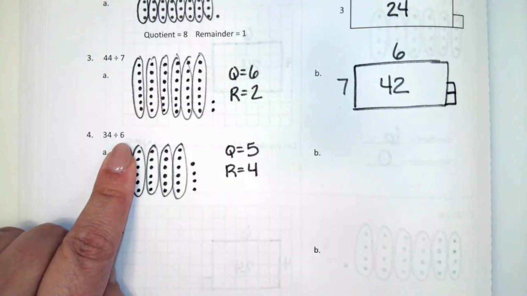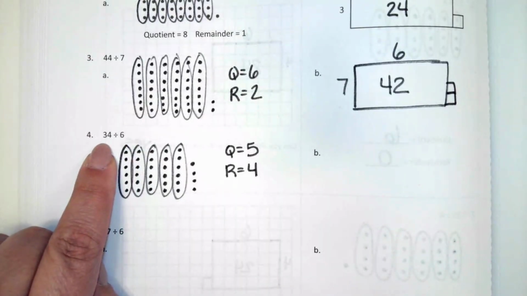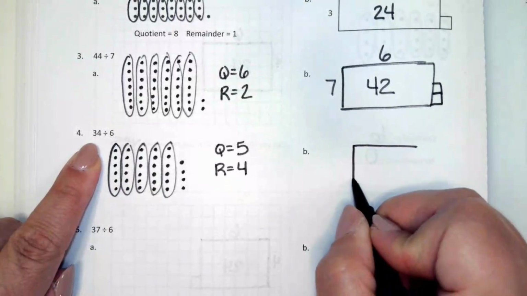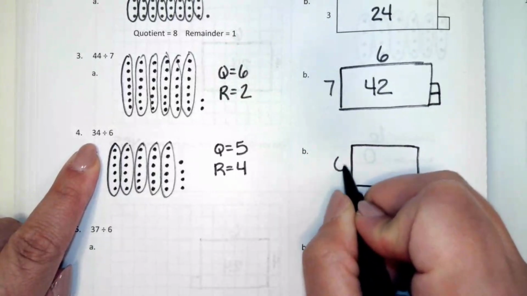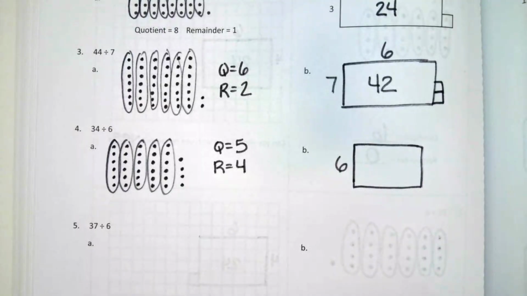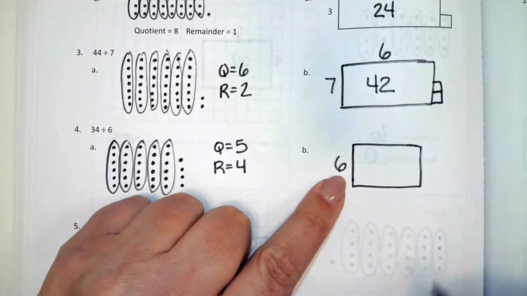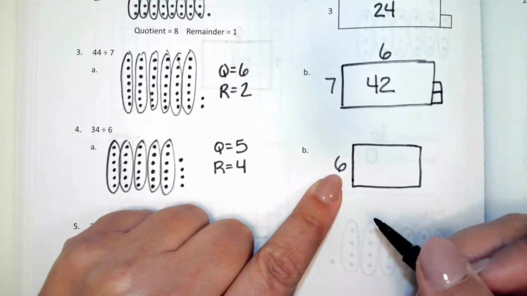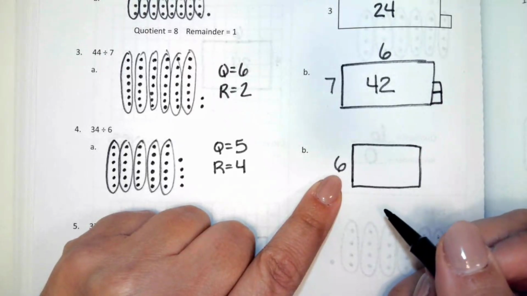The width of our rectangle will be 6, and we need 34 in all. Make your rectangle. 6 for the width. What should go up here? We need to get to 34 without going over. 6 times something gets me close to 34.